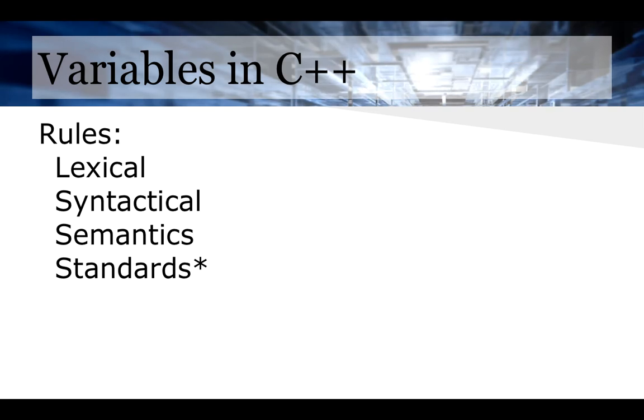And the rules for construction of variable names go from lexical, syntactical, even semantics, based on which characters can be used to form the name, or once you use the name within a statement, within an instruction, there's a particular order that needs to be followed.